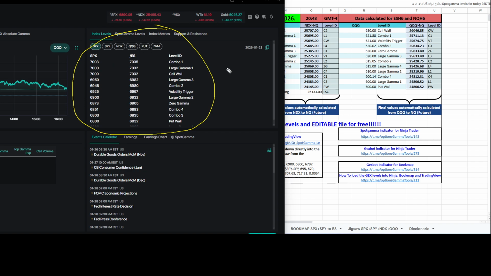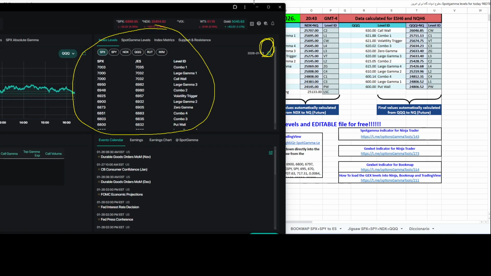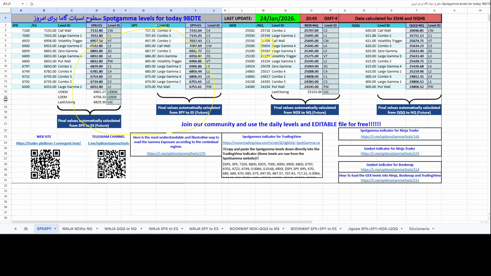I copy all this information from here and paste it in this section of the spreadsheet. Why do I paste this information here? Because some traders use this information differently from what I plot in this section.